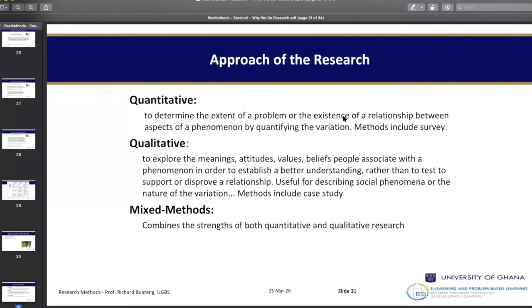So while quantitative will give you an idea of the representation of a perspective among a given population, the qualitative will just give you the different views and opinions that exist in the particular population.